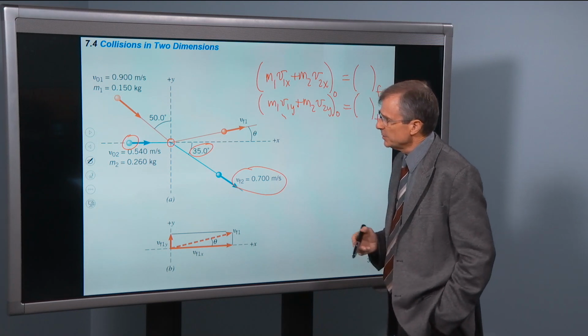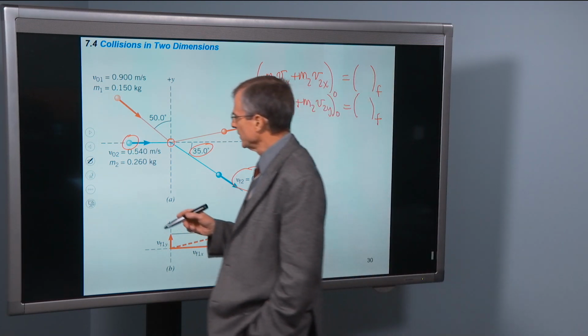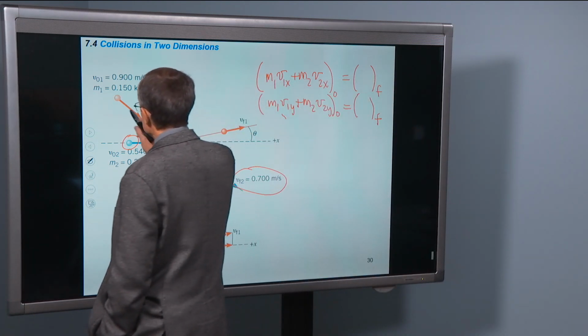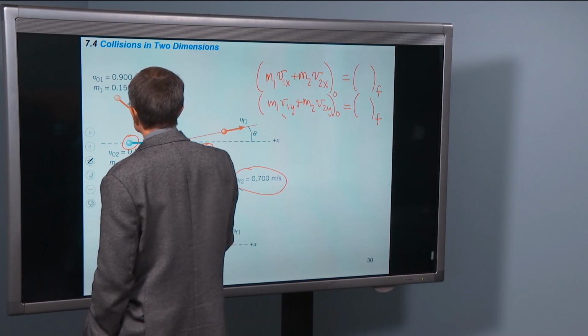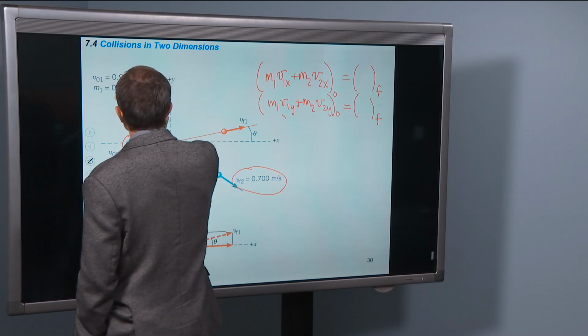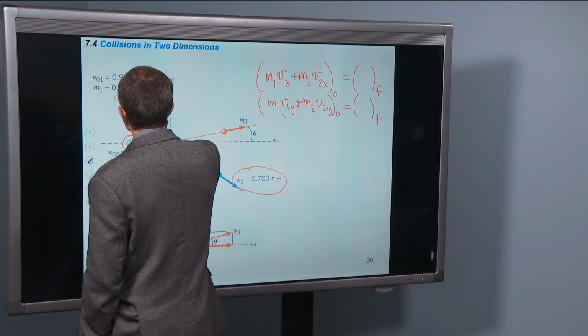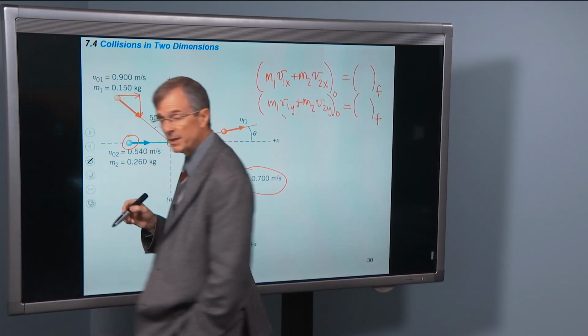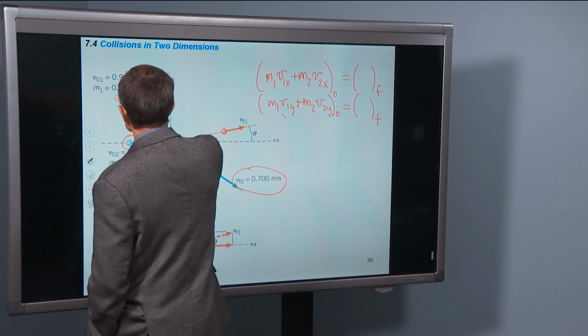And what you have to do is resolve this initial velocity into components, just like we've done a number of times over the last several chapters.